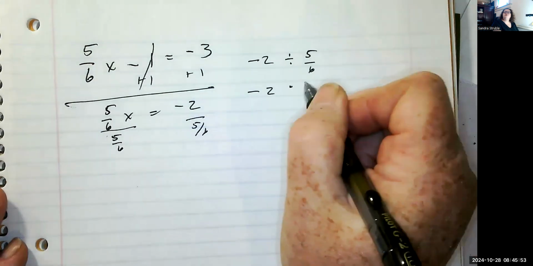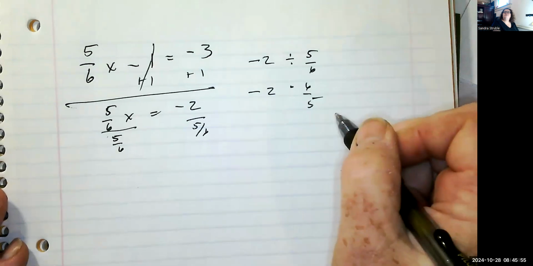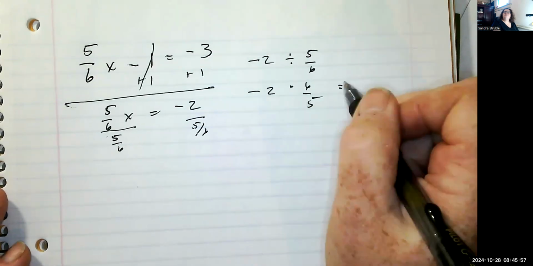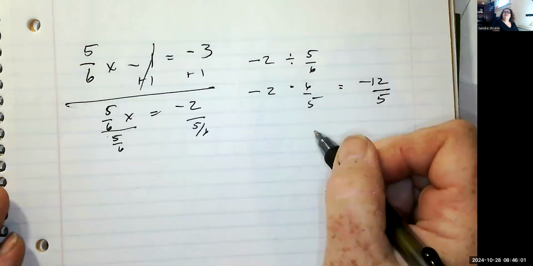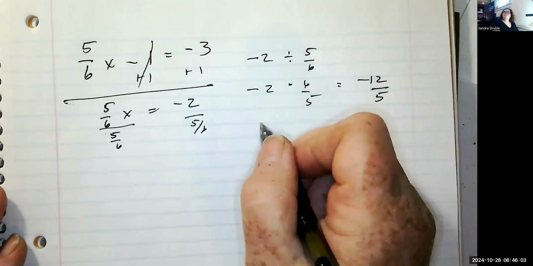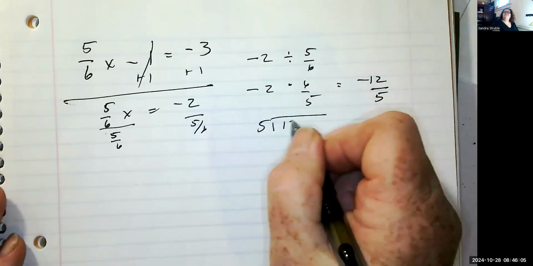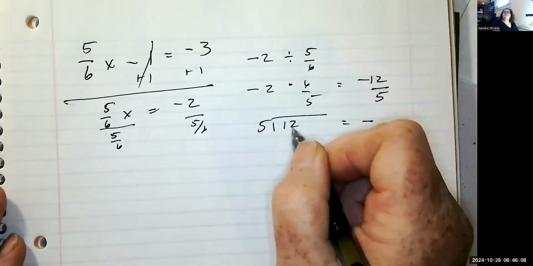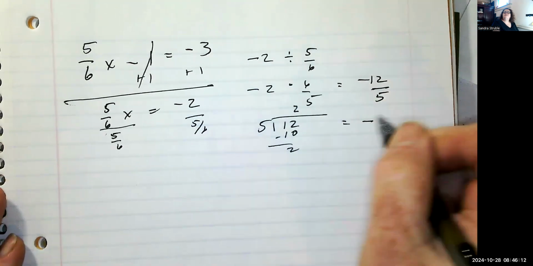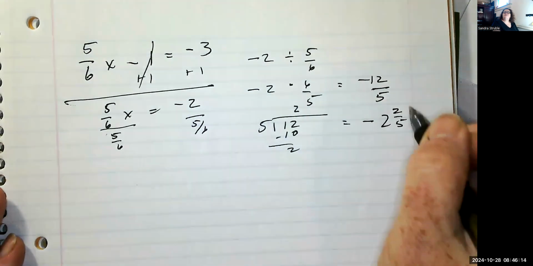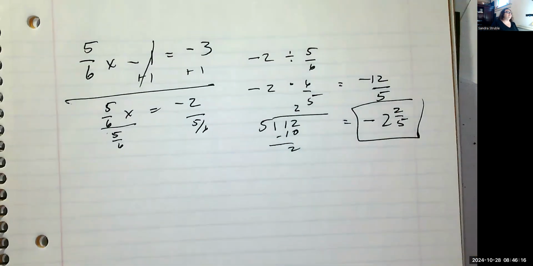Keep, switch, flip. Can't reduce. So multiplying straight across, it's -12 over 5. And then I'm going to have to make this a mixed number because it's improper. My answer is going to be a negative. 5 goes into 12 twice. So 2 and 2/5. I already have my negative there.